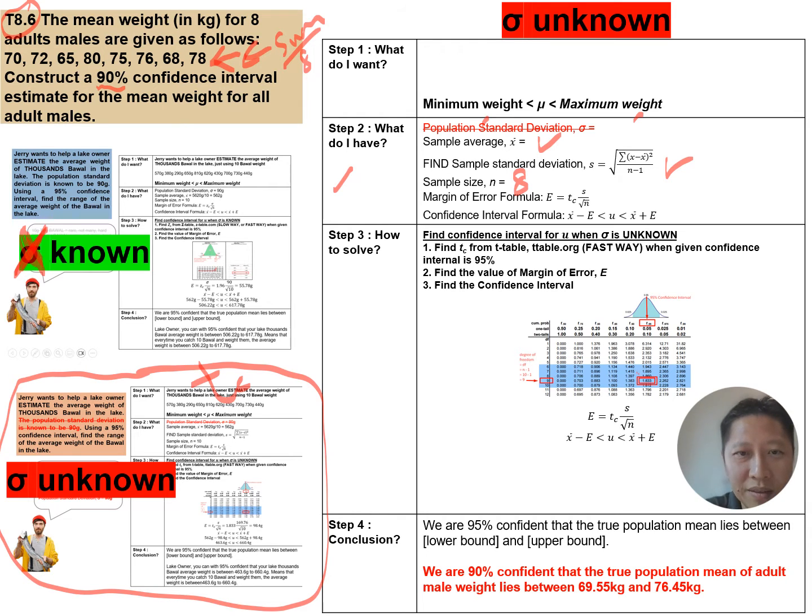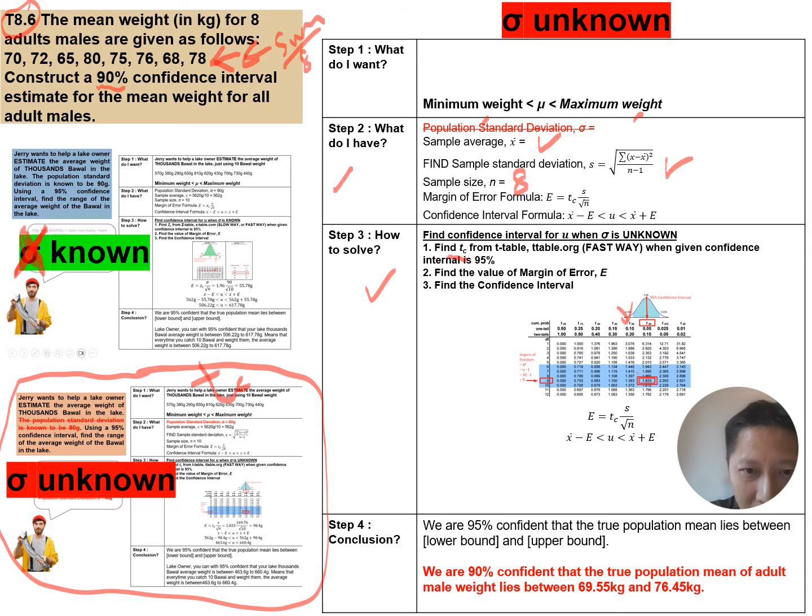The first one, we want to find our T-score critical for this problem. 90% confidence interval. When we look at the T table, we can find where is the 90%.